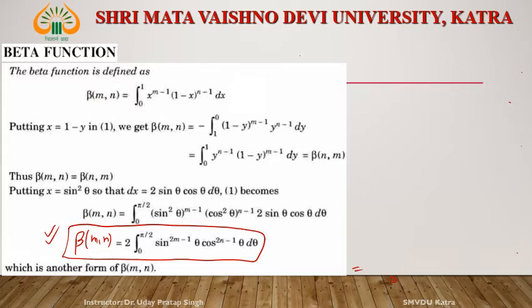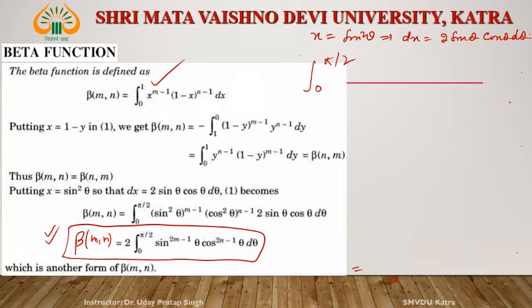Then x is equal to sine square theta. This implies that dx is equal to 2 sine theta cos theta d theta. Then if x equal to 0, then theta equal to 0. If x equal to 1, then theta equal to pi by 2. So the limit of the integral is 0 to pi by 2.